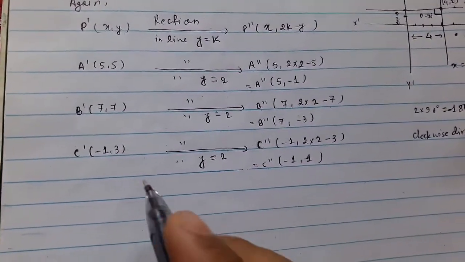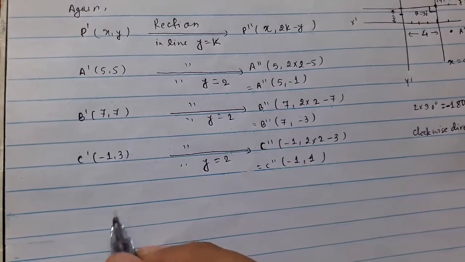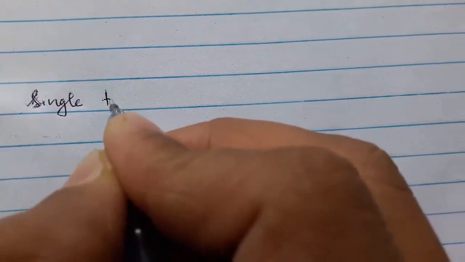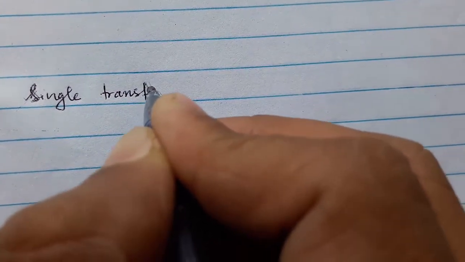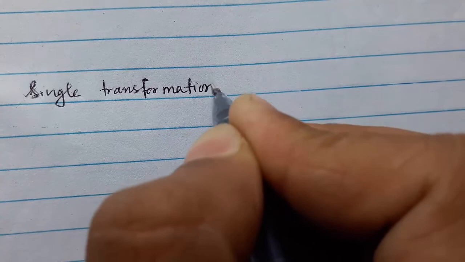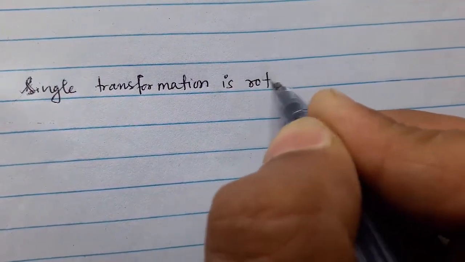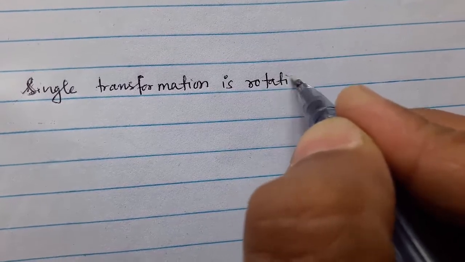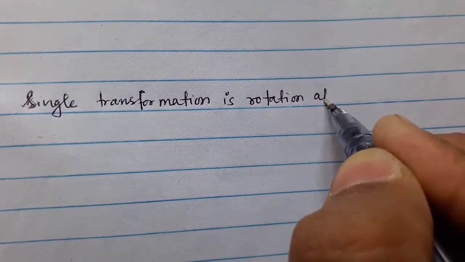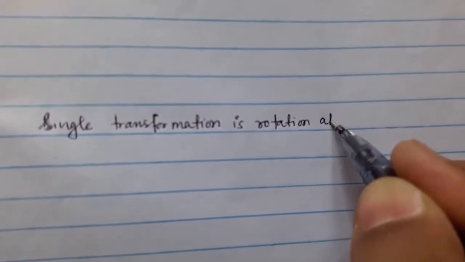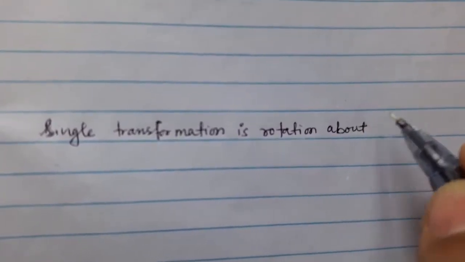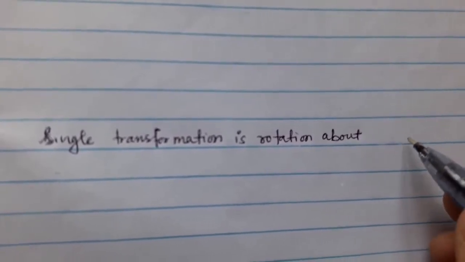So now we state the single transformation. The last sub-question was the single transformation. You can write: the single transformation is a rotation about the center of rotation, where they intersect at the point (4, 2).